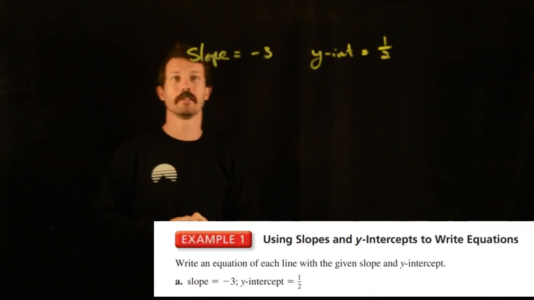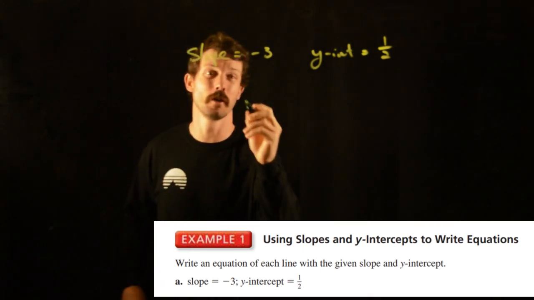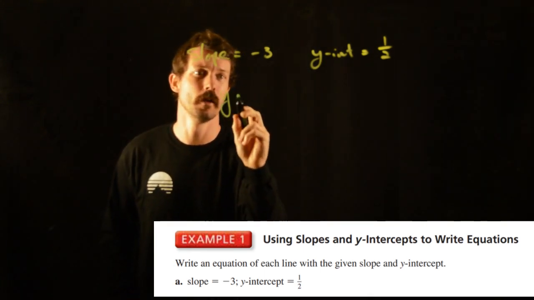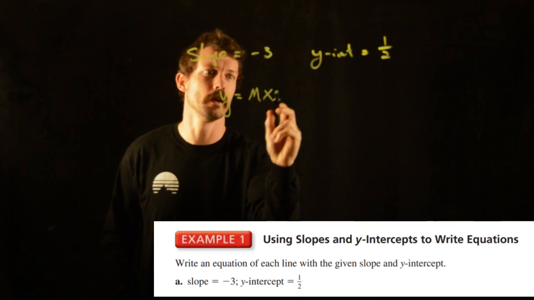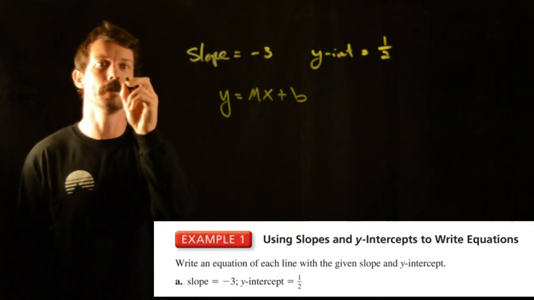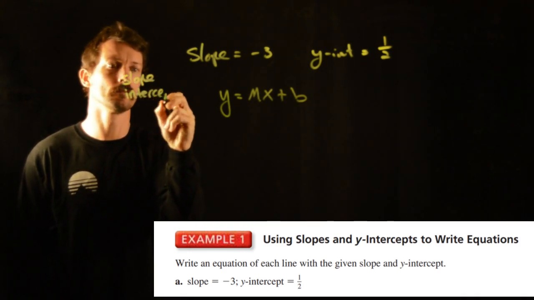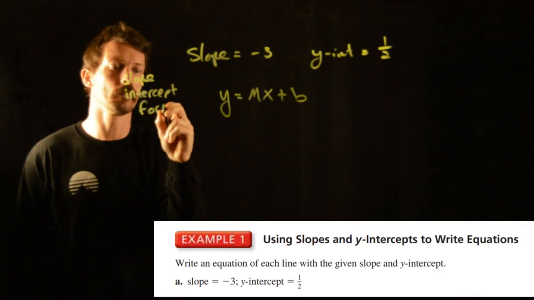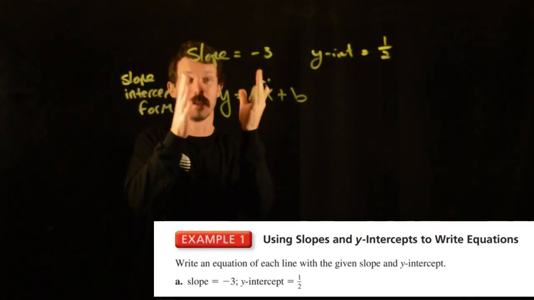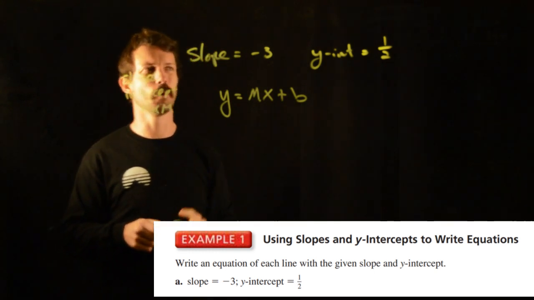Alright, so you need to know a couple things, which you already do know. You already know the easiest form to use when they give you a slope and a y-intercept. What? Slope-intercept form, right? So we know that is a line, and all we need to write that is a slope and a y-intercept.